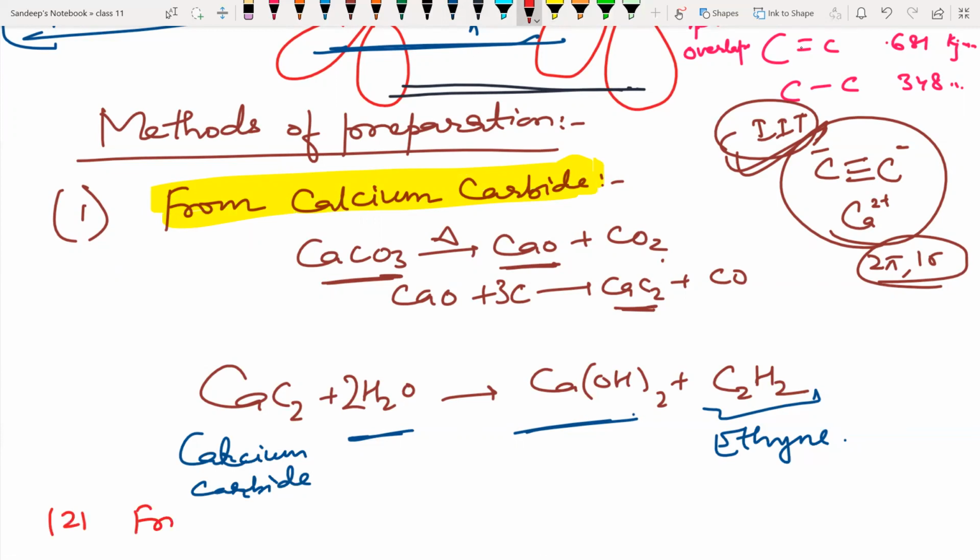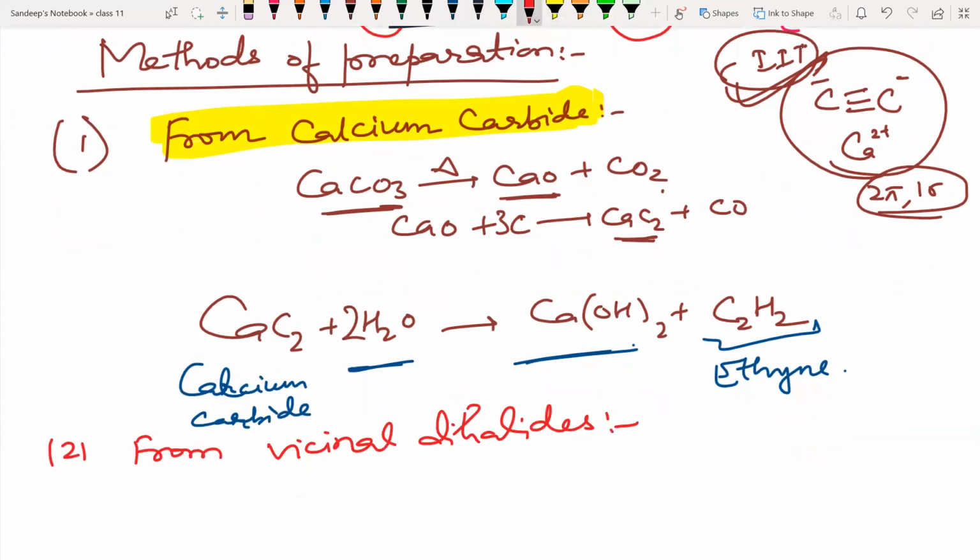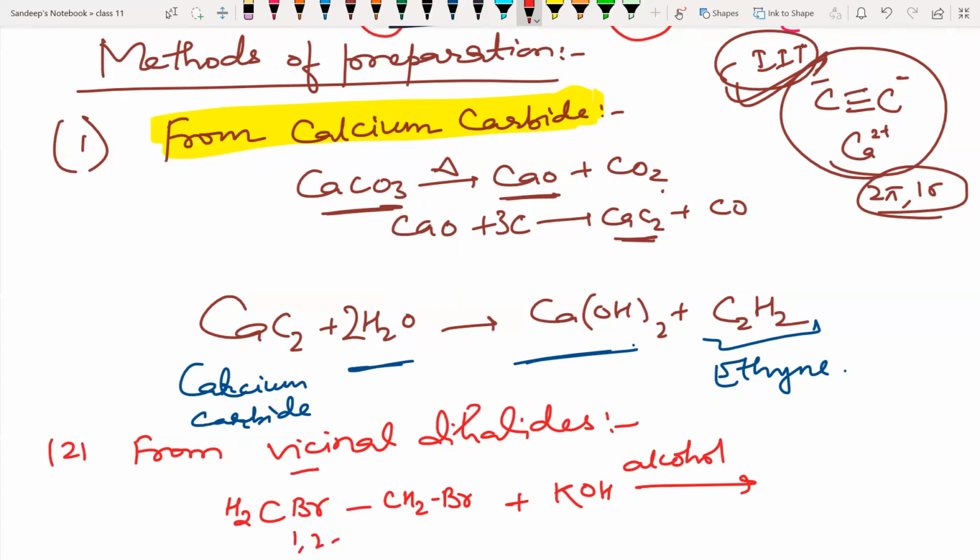Second method is from vicinal dihalides. If you treat 1,2-dibromoethane, this is vicinal, which means the halide groups are on adjacent carbons. In the presence of alcoholic KOH, it will undergo an elimination reaction.